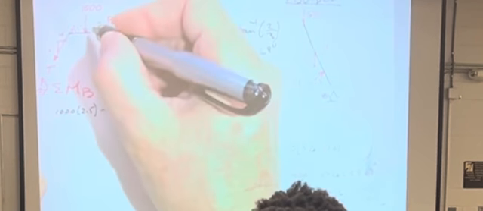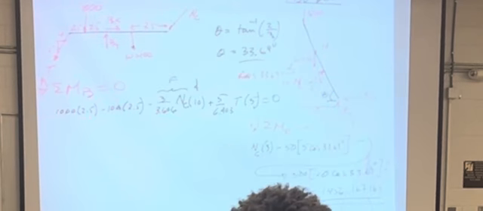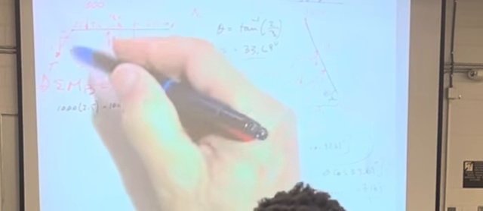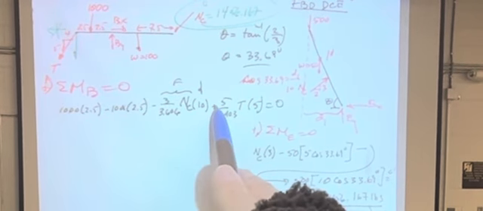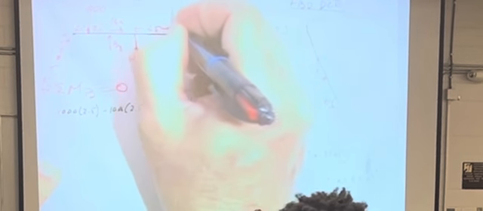So this is the contribution from here. This is the contribution from there. This has a Y and an X. The X creates no moment. The Y around B is counterclockwise. So it should be a positive. It is. This is a component here and a component there.